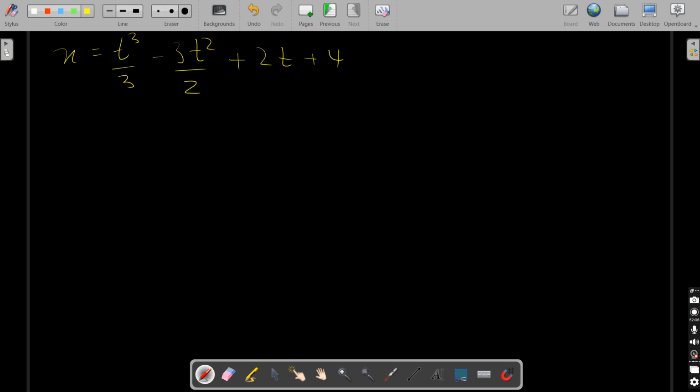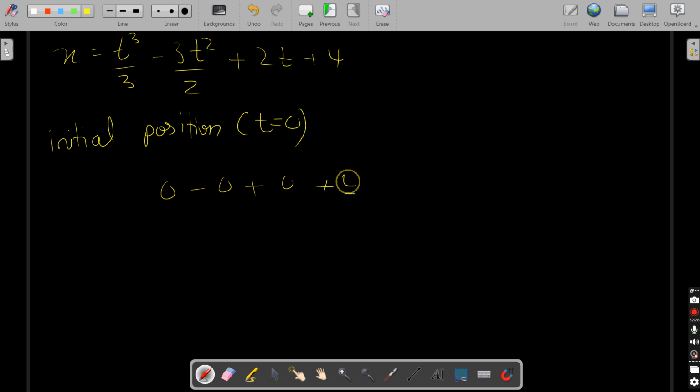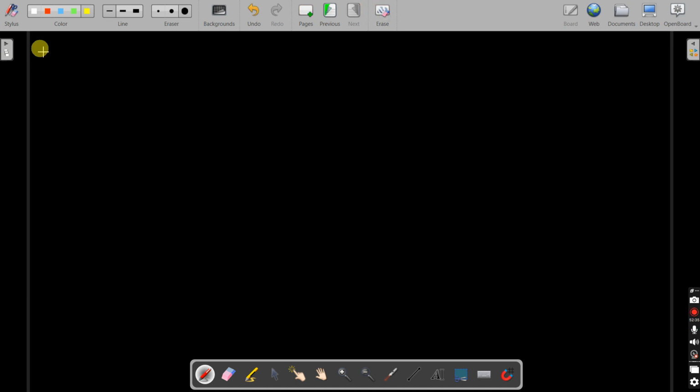If we are asked to find initial position, we will substitute t as 0. So 0 minus 0 plus 0 plus 4. This becomes 4. So our initial position is 4.